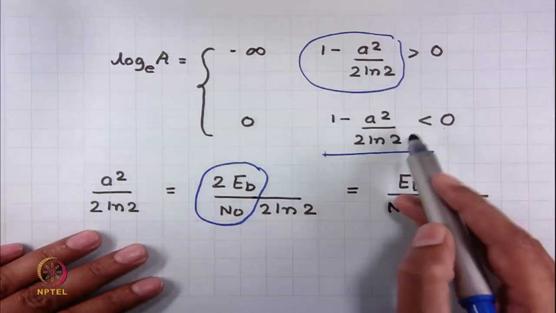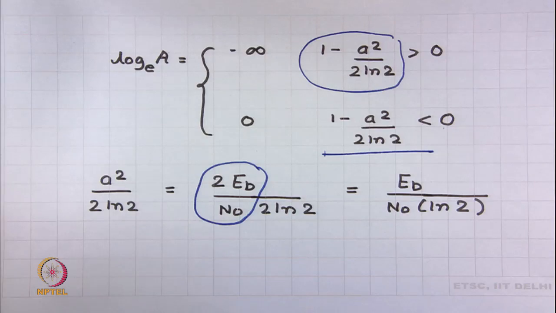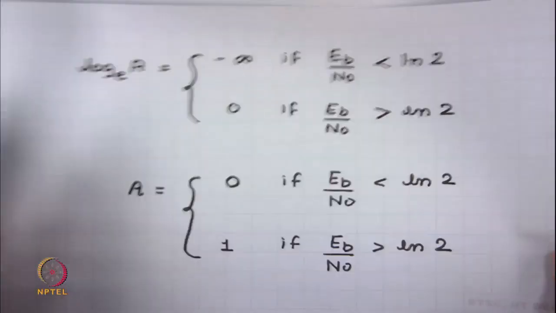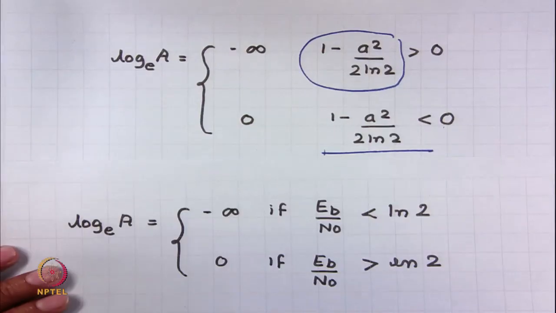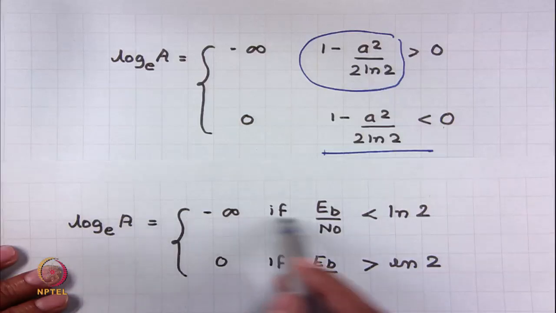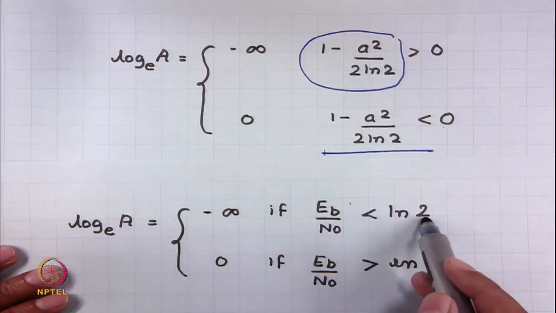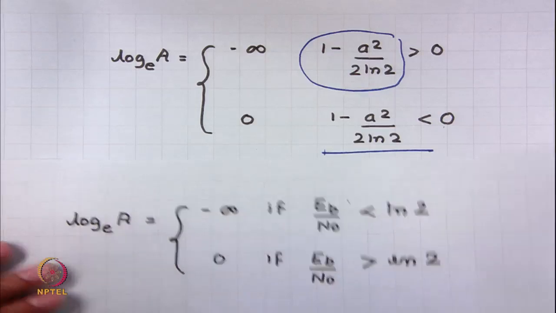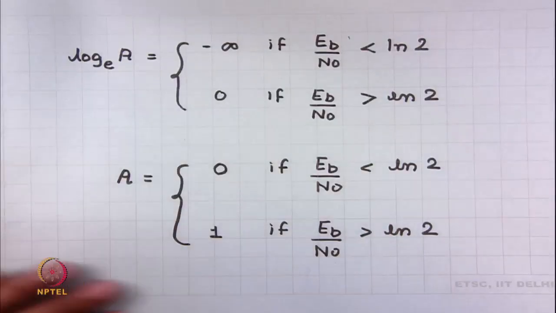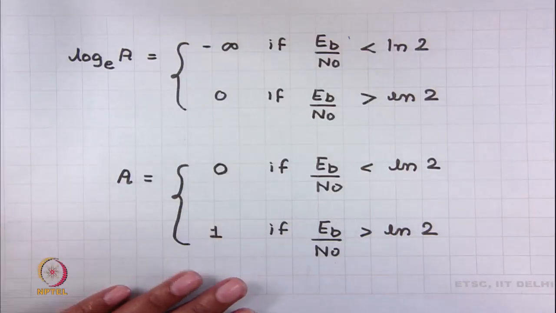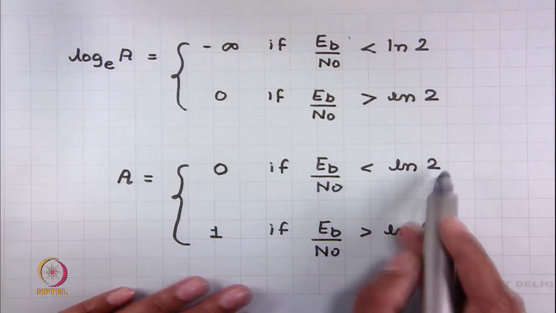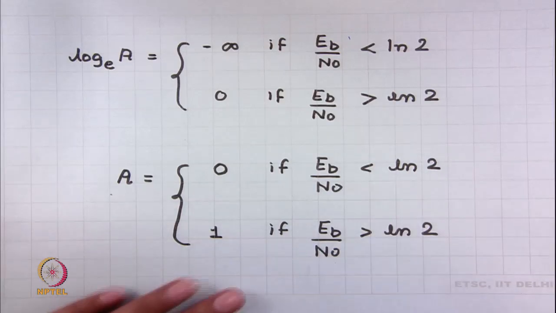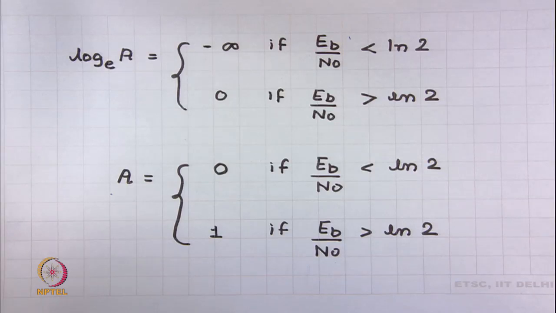So, instead of writing this, I can write it like this: ln a is minus infinity if E b by N naught is less than ln 2, ln a is 0 if E b by N naught is greater than ln 2. From here I can say that a is 0 if E b by N naught is less than ln 2, and a is 1 if E b by N naught is greater than ln 2. Okay.